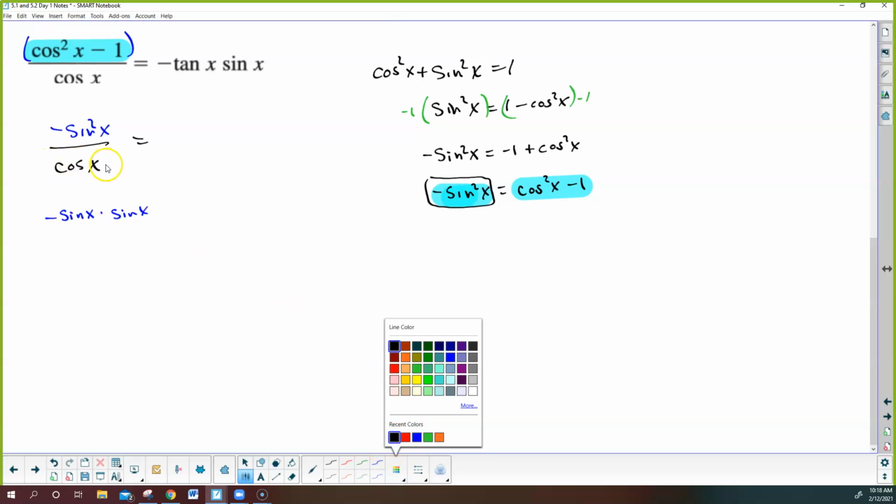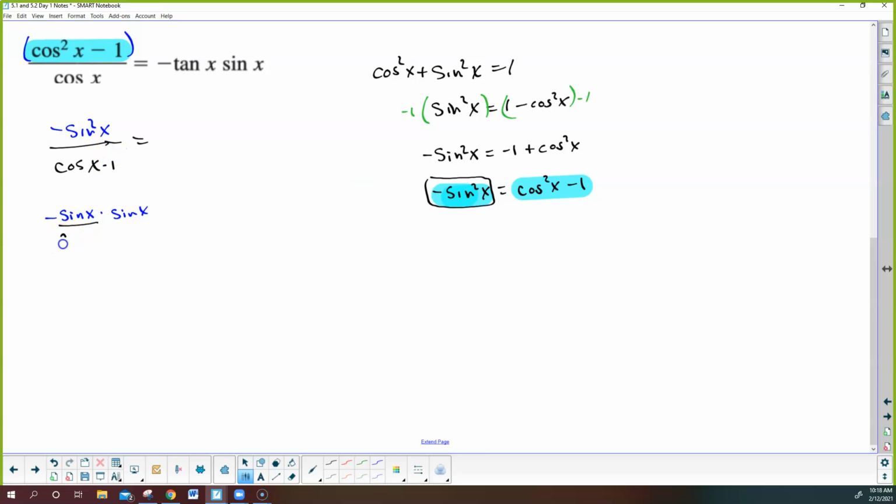Now notice I can put cosine times 1. And when I multiply fractions, you just multiply straight across. So in my head I'm thinking about every move that I make: if I undid that, does it give me back where I started? So here, sine times sine would give me sine squared, and it's negative. Cosine times 1 is still cosine of x. So I didn't do anything incorrect.